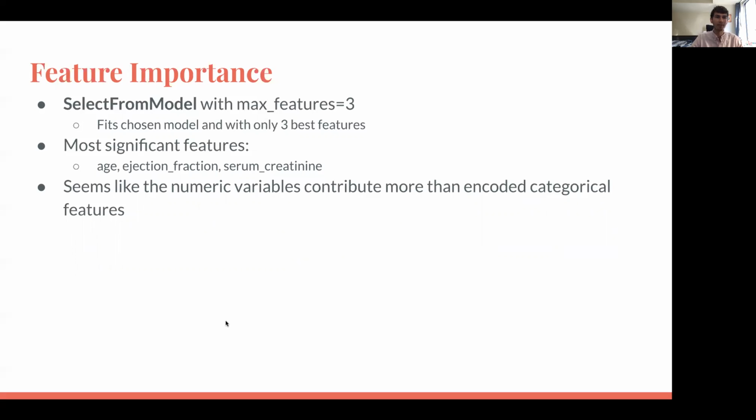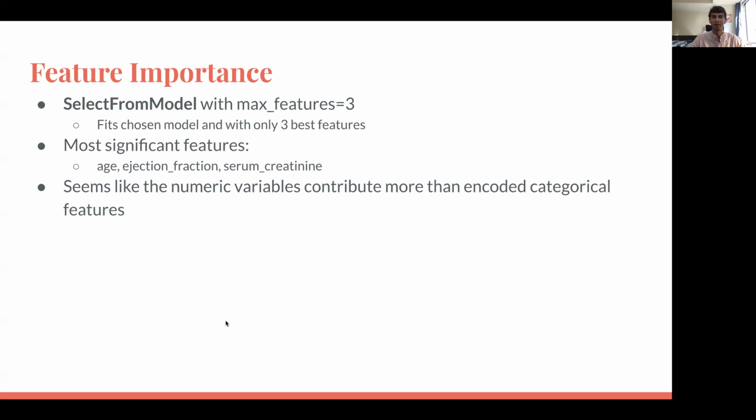And I found that age, ejection fraction, and serum creatinine were the top three. Ejection fraction and serum creatinine makes sense to me, but age is definitely one that, while I imagine it does have an influence, it's a little surprising that it comes in the top three over things such as smoking and some of the other biological markers.